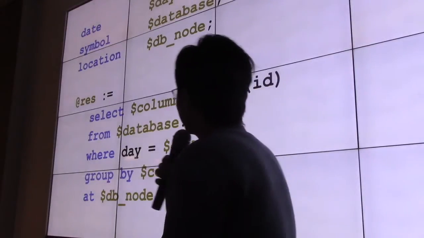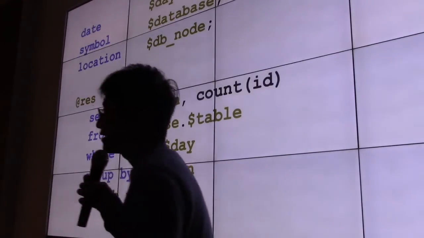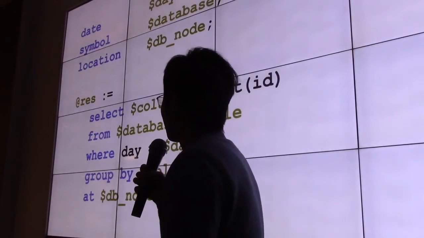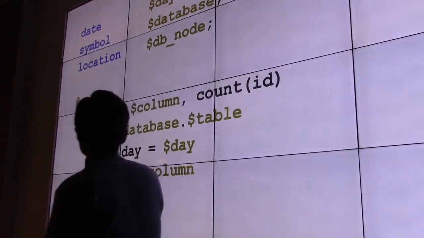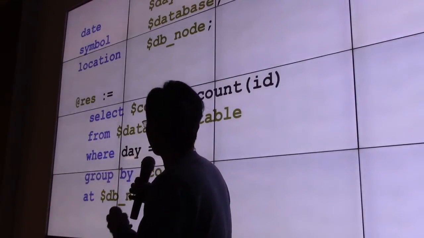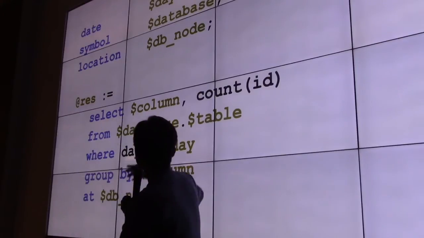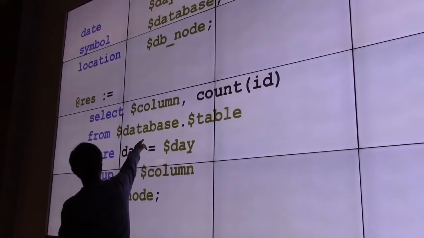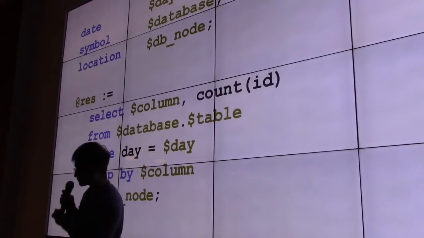We can declare typed variables and then reference them in arbitrary SQL queries, and we'll generate the Lua concatenation code, taking special care of SQL injection and quoting and everything, so that it can ensure that each variable is used in the right context. For example, if we declare the database as a symbol, then it cannot be used as a value.